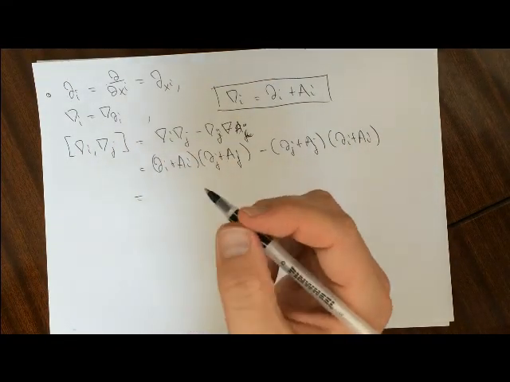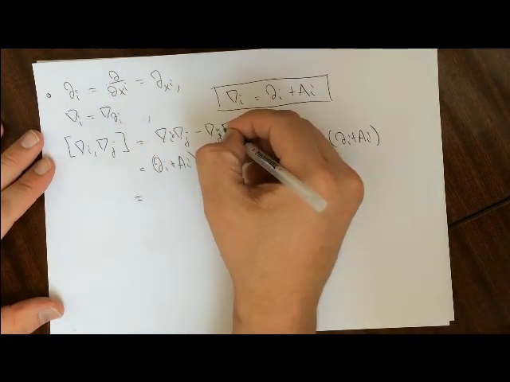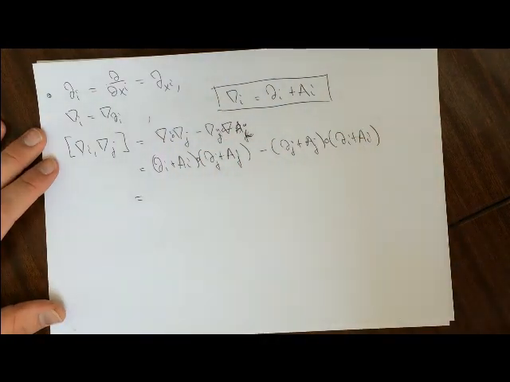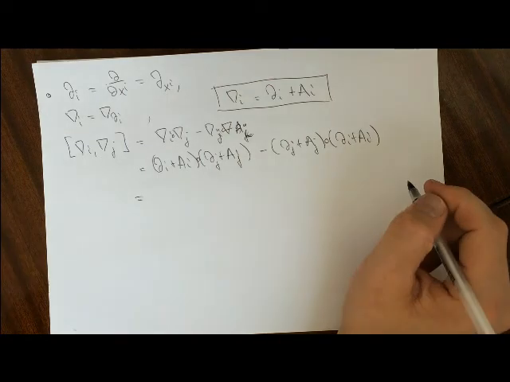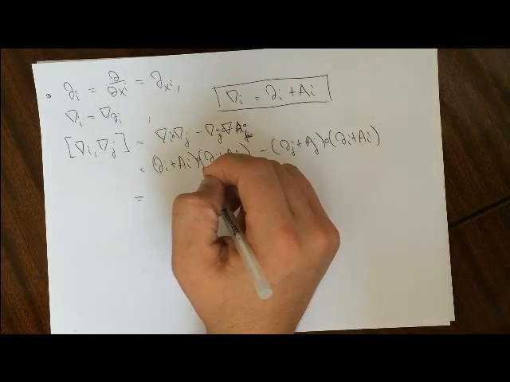Now what we need to do is write this with compositions so it becomes more clear what's going on. We need to use some kind of product rule. Again, these are all operators.